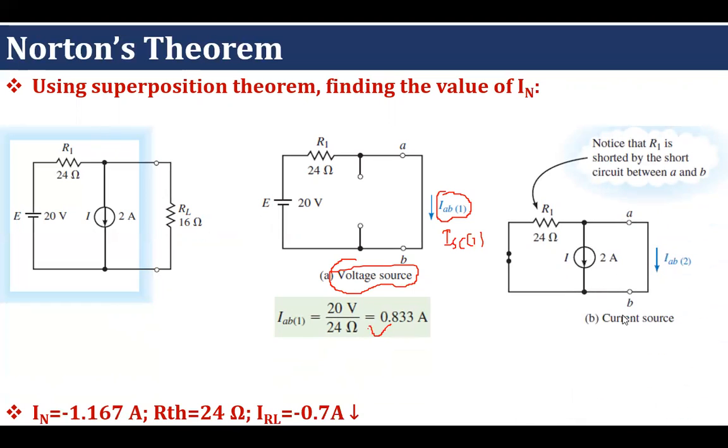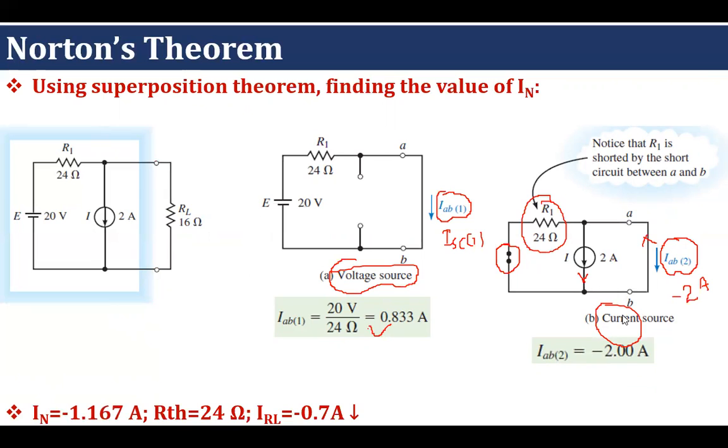Now here we have to consider the second source, that is the current source. So the moment I consider the current source, I have to make the voltage source 0, so we have to short circuit it. Now we have a 2 ampere current source, and in parallel we have a resistance R1, but in parallel with that we have a short circuit path. So whatever current comes from this side, the whole current will pass through this way, and that's why the value of this current IAB2 will be equal to minus 2 ampere.